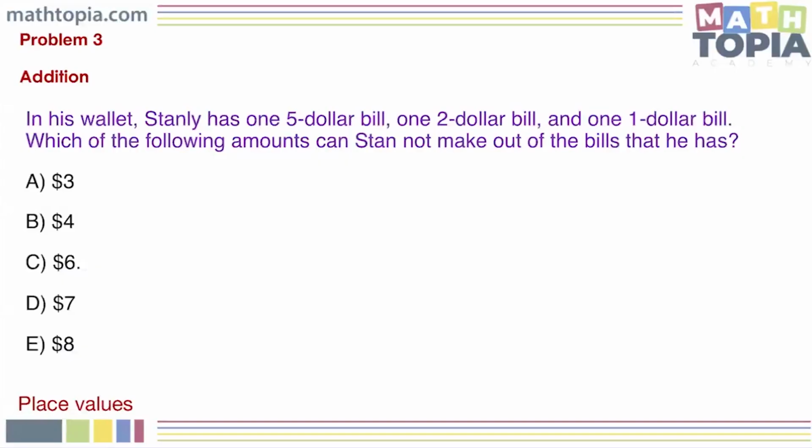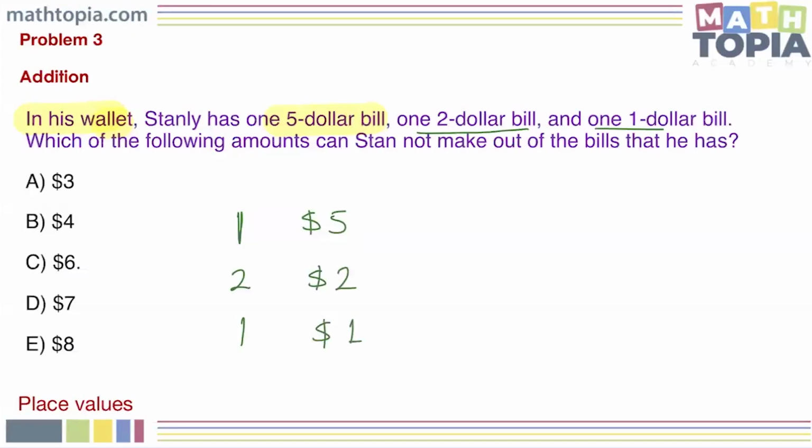In his wallet, Stanley has a $5 bill, two $2 bills and a $1 bill. Which of the following amounts can Stan not make out of the bills that he has?